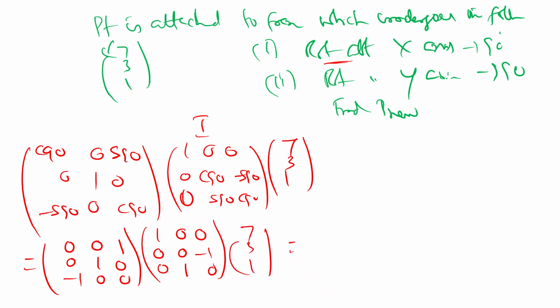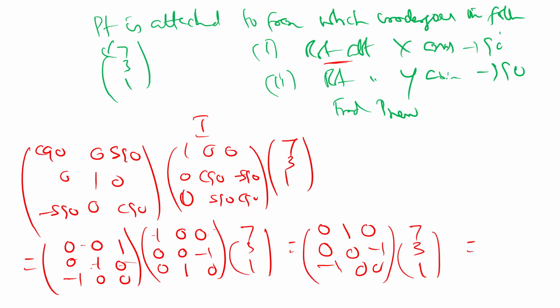So for the point 7, 3, 1, we simply have to multiply these matrices. The combined matrix should be multiplied by 7, 3, 1, which is equivalent to 1, 3, minus 7.